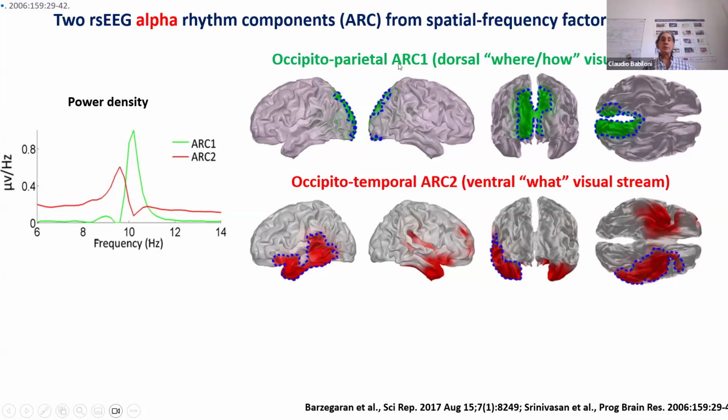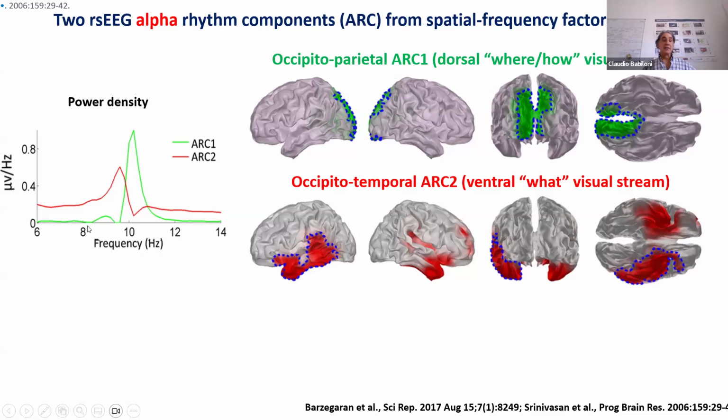And they were able to distinguish two components in the source space, explaining the resting state alpha rhythms at eyes closed. And you see the two components called ARC1, ARC2.